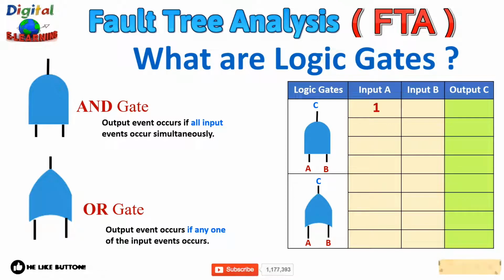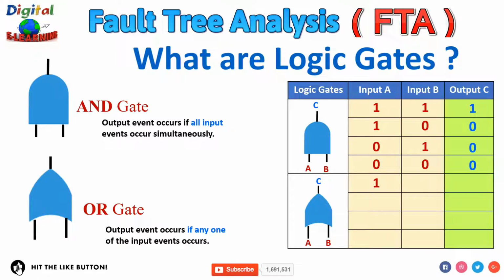If there is input at A, which is 1, and there is also input at B, we will get an output of 1. If there is input at A in the AND gate and there is no input at B, you will not get any output here. Same is the case if there is no input at A and there is an input at B, you will not get any output. With 0 and 0, you will get no output.